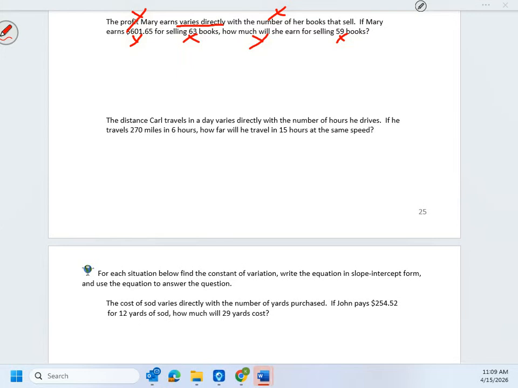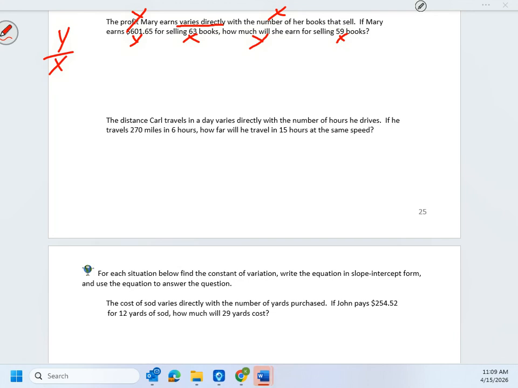I'm looking for how much she's going to earn. So now I have my 3 sets of Y's and X's. What's my next step? I need to find the constant of variation: Y divided by X.